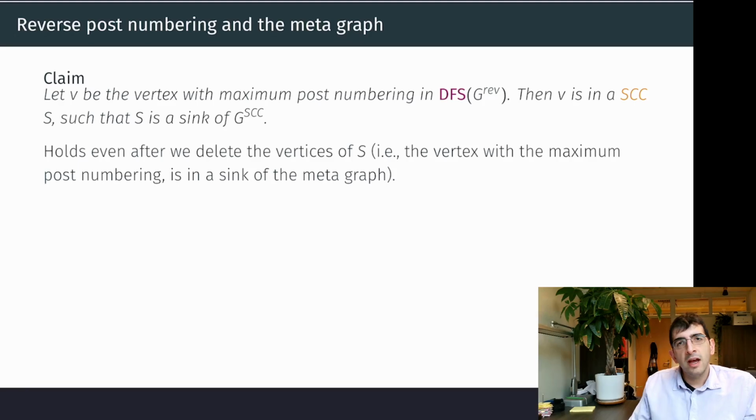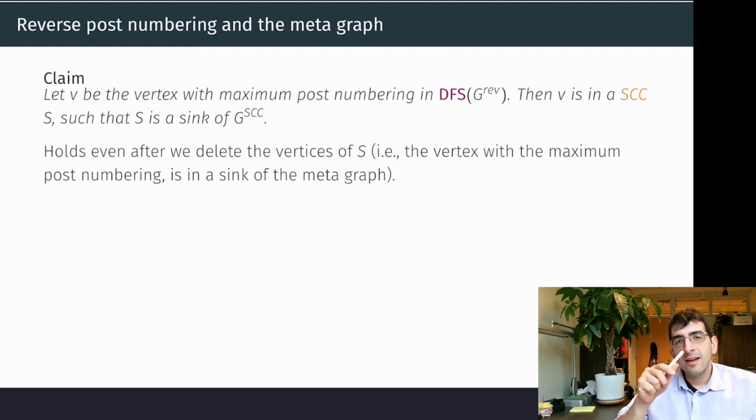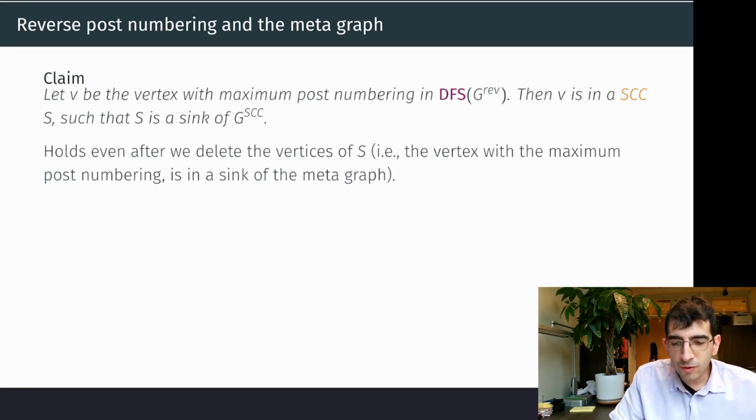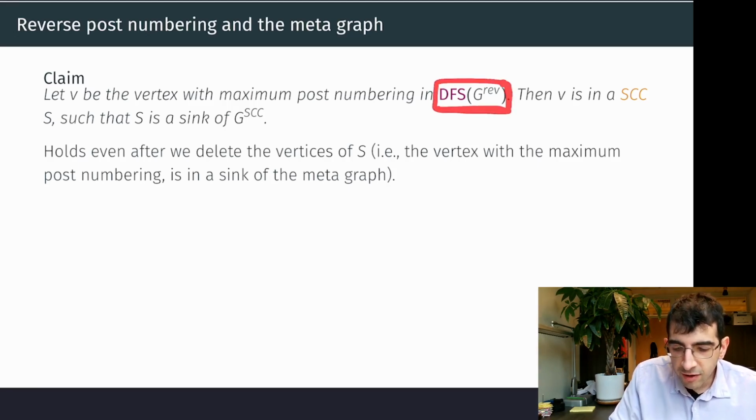Remember before how we said that if we ran DFS, the vertex with the largest post-order number is actually a source of the graph, and therefore it should go earliest in the topological sort. That's pretty much what we're doing here, except we are doing DFS on the reverse graph.